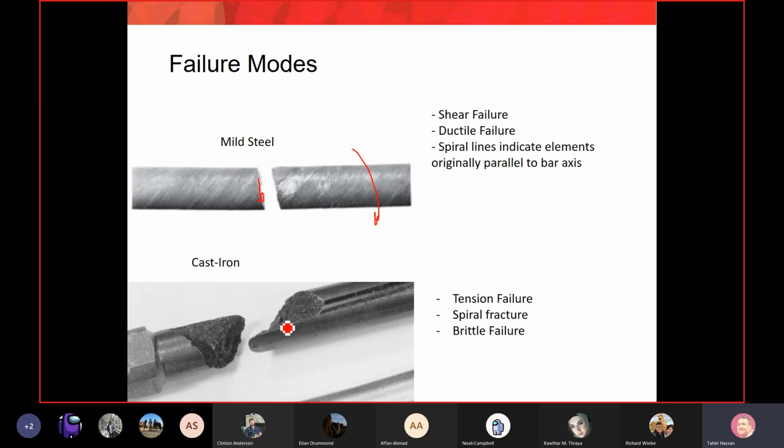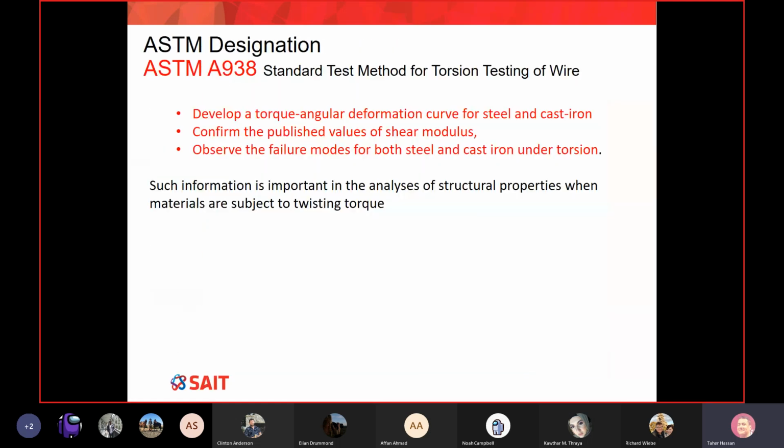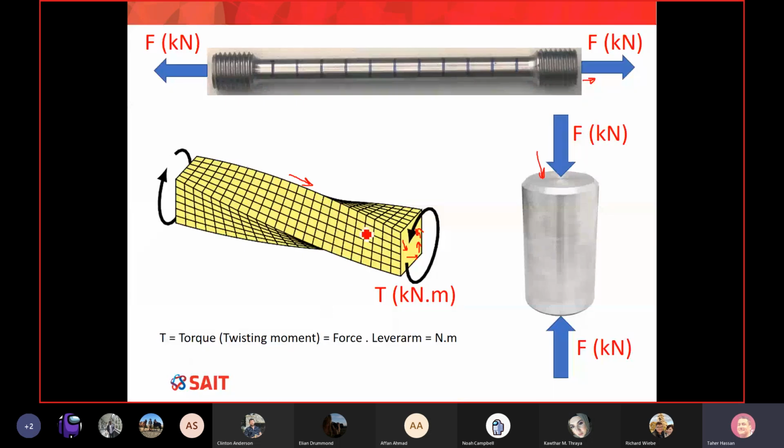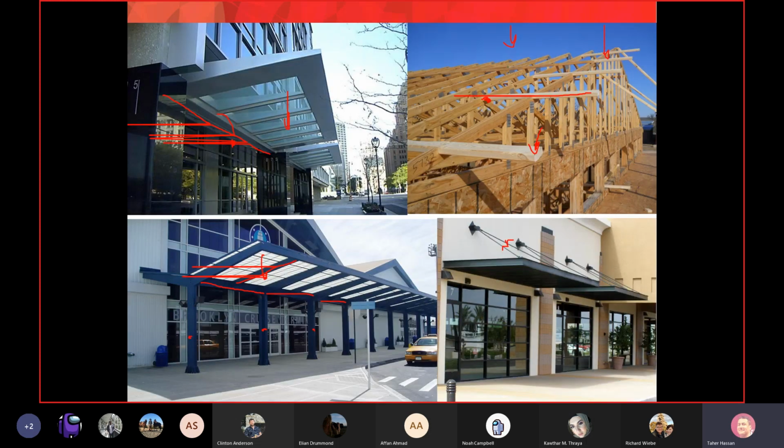How about the cast iron? We know that as we apply the torsion, there will be two stresses, a shear and also a tension. Probably I can go quickly to the first page here. Please look at this picture one more time. As we apply torque, there will be two stresses: stress in the plane of the cross section, which is a shear stress, plus tension in the longitudinal fibers of your specimen, along these fibers, parallel to the axis of the specimen.